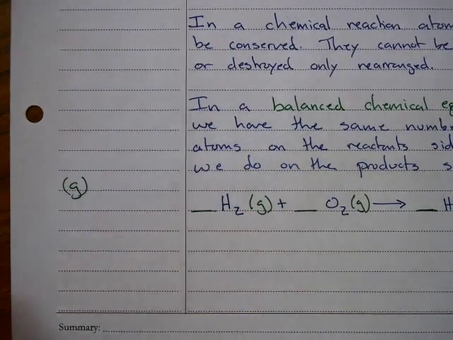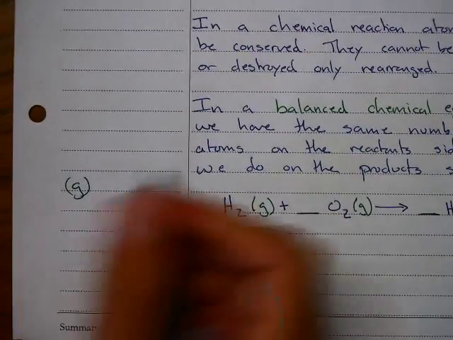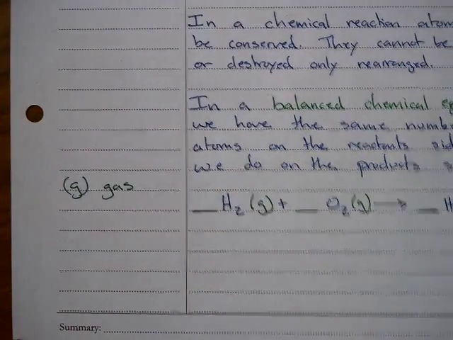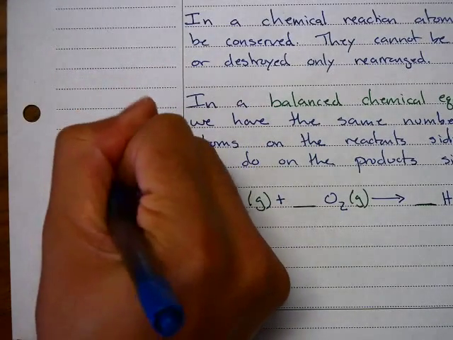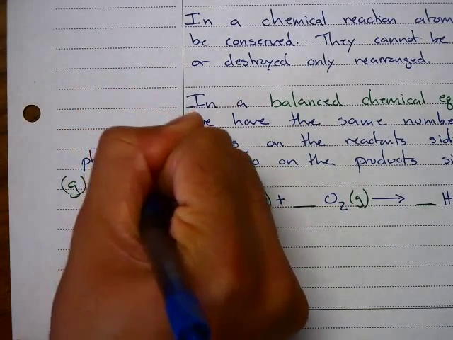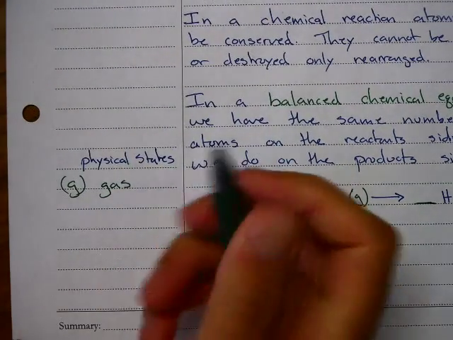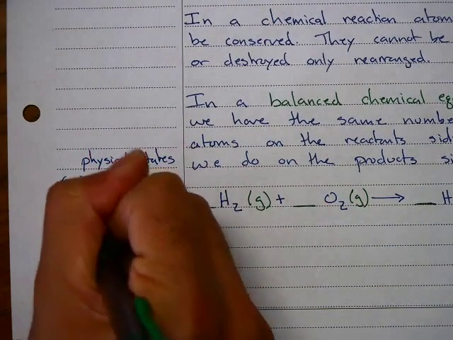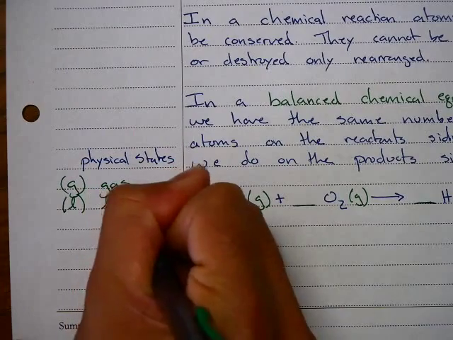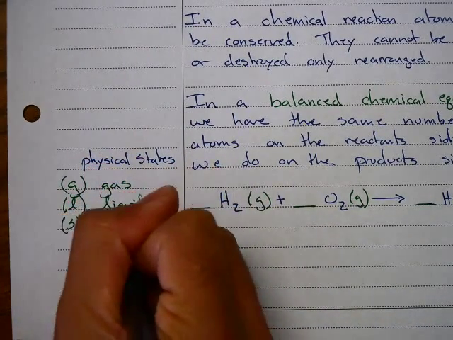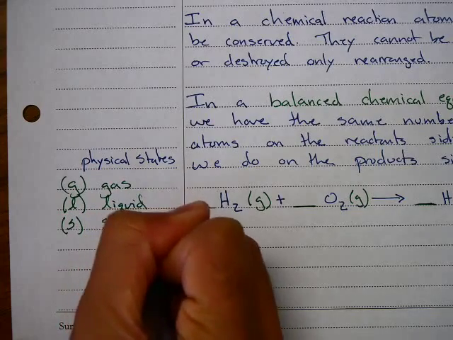Whenever you see a G like that following a chemical formula, it represents that the physical state is a gas. So we could do the same thing for a liquid. We put an L after and it would represent that that is a liquid. We would do the same thing for a solid. We put an S afterwards and it would represent that it's a solid.